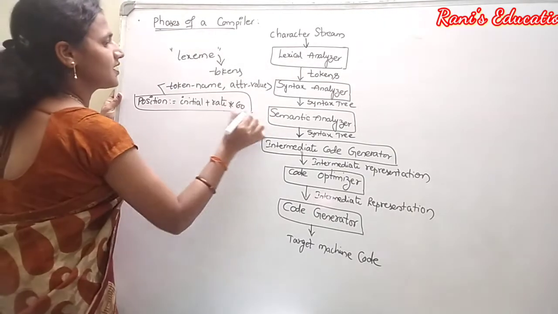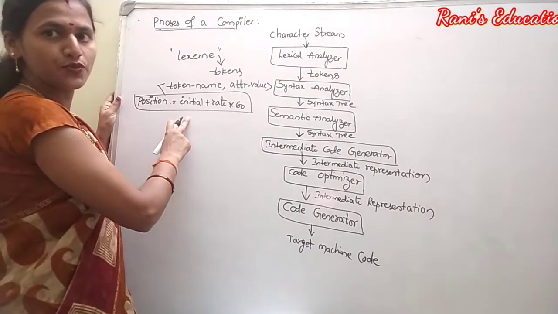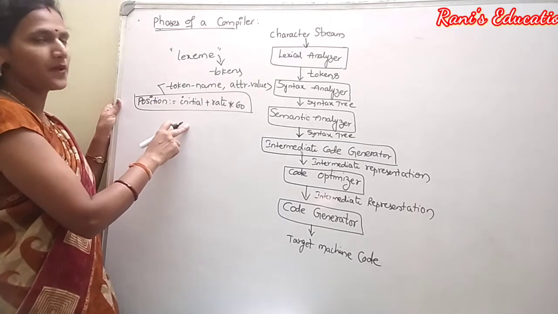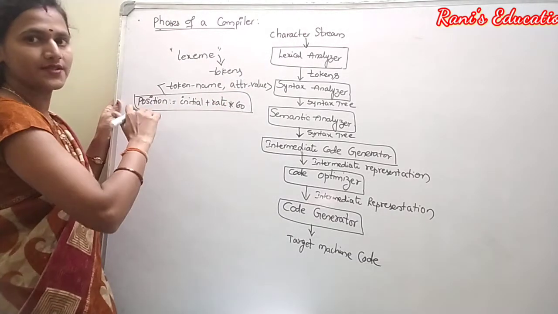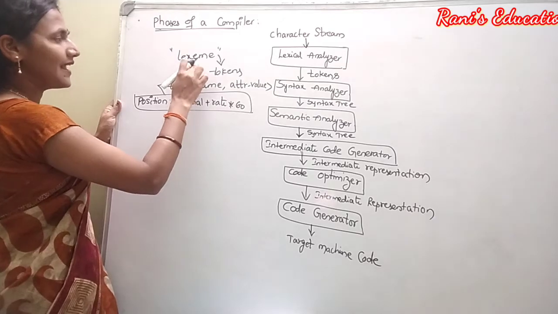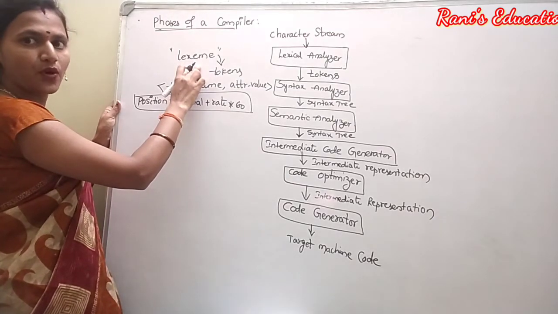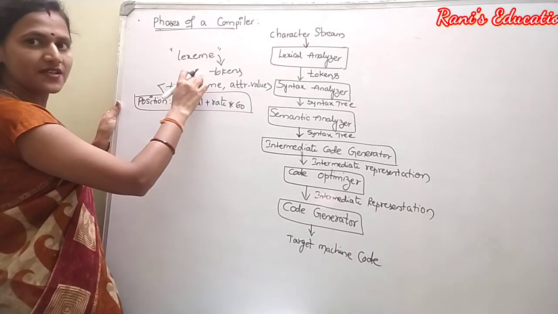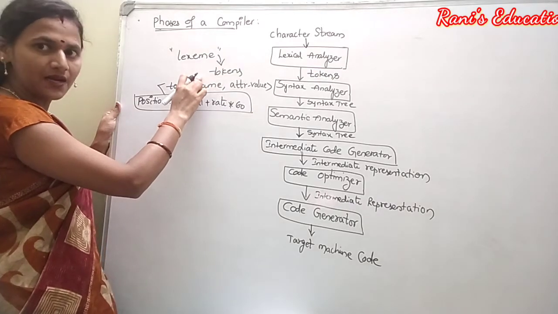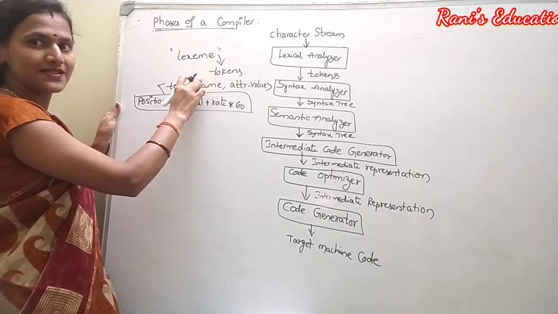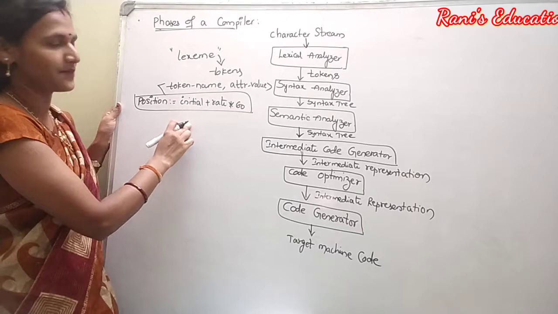Okay, consider this is the given source program. Now this is going to be converted into tokens. Lexeme is nothing but a group of characters grouped together, giving a meaningful sequence.